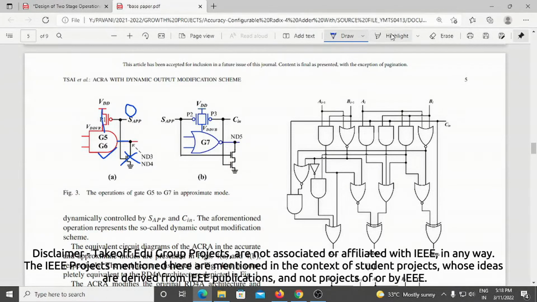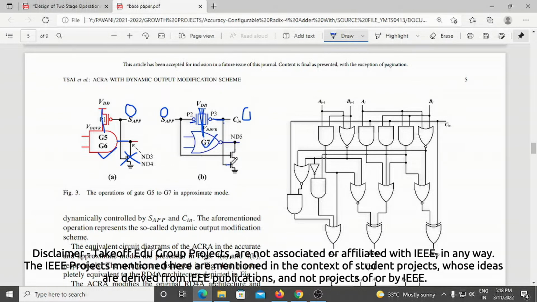Suppose, here we can see that as SKPP is 0, this signal comes, and here Cin is also 0, so this signal comes. That means when Cin or SKPP, either of the inputs, is 0, the G7 gate should be in the on condition.